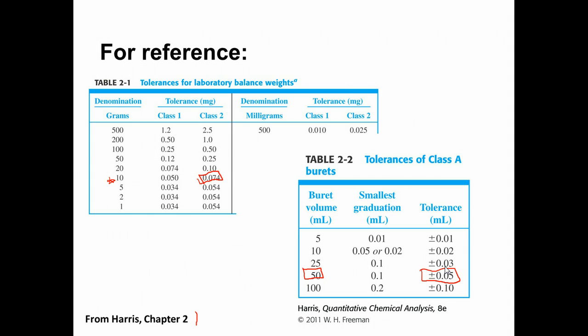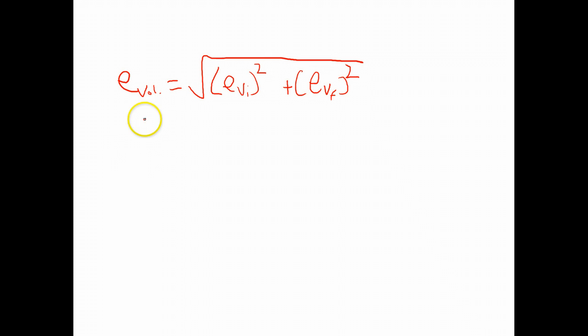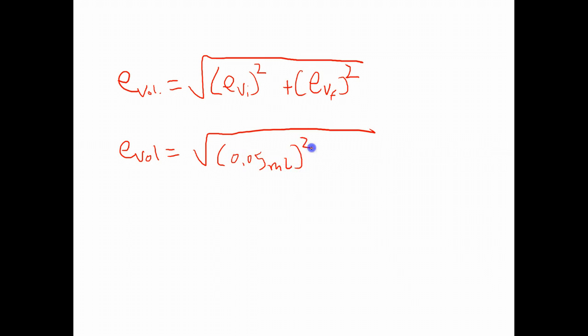If we go through this, our error associated with the volume is going to be the square root of 0.05 milliliters squared plus 0.05 milliliters squared.